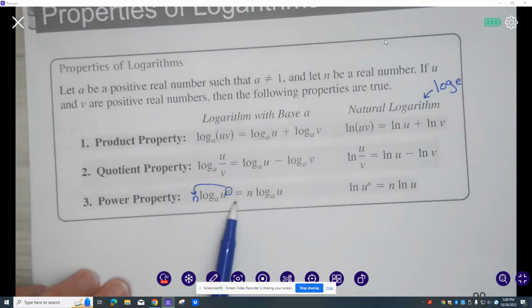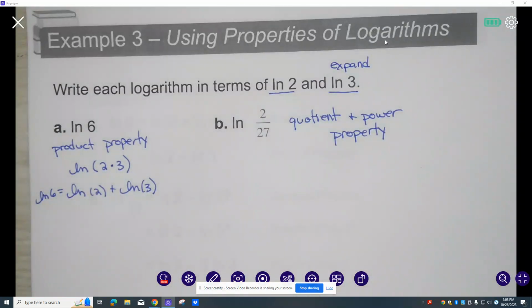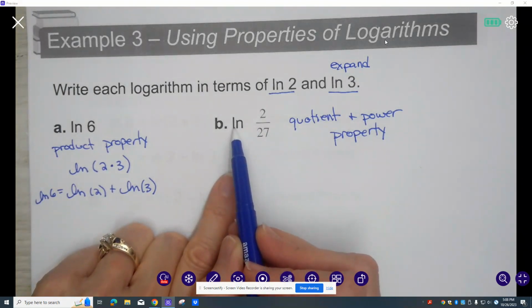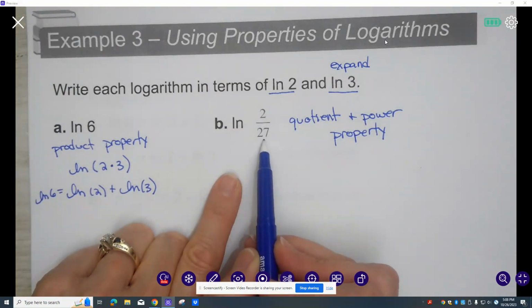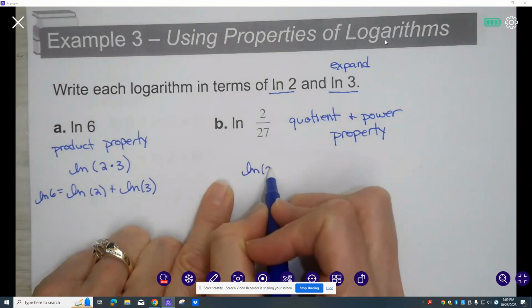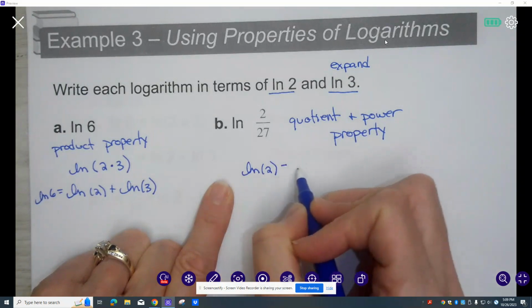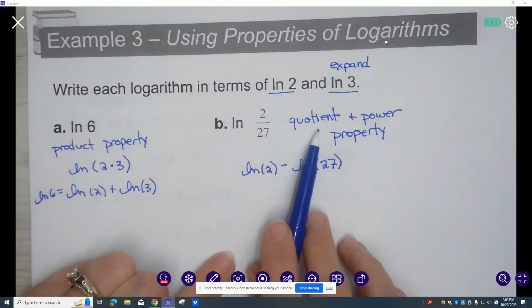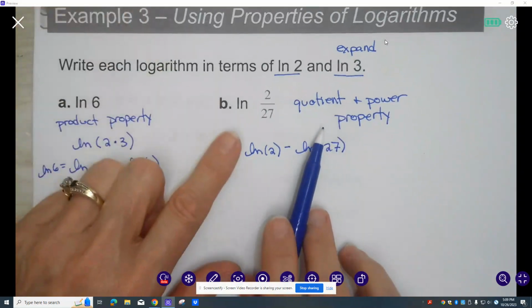This is the power property, where that exponent hops down in front. So let's first do the division. If I have natural log of 2 divided by 27, I can say this is the same as natural log of 2 minus natural log of 27. So that's the quotient portion of this.